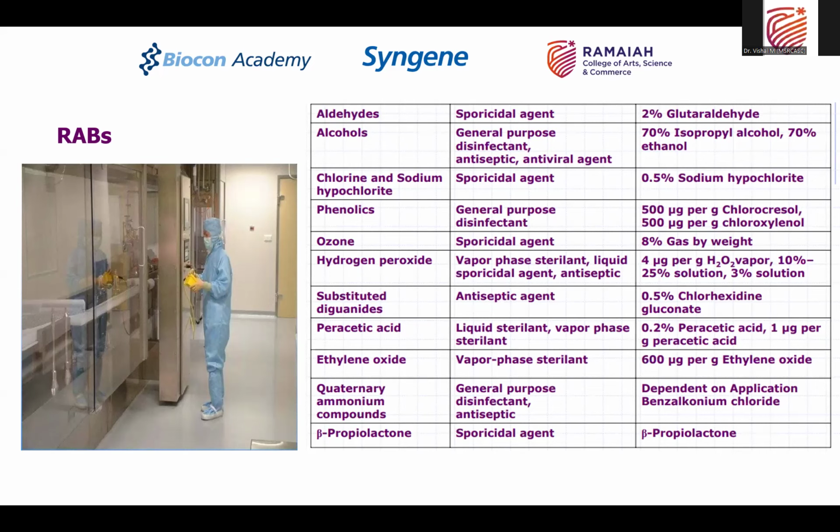Generally, everywhere you have sanitizers, which are made of alcohol. Sanitizers work differently. It's a general disinfectant or antiseptic agent. Then, chlorine or sodium hypochlorite are spore killing agents.